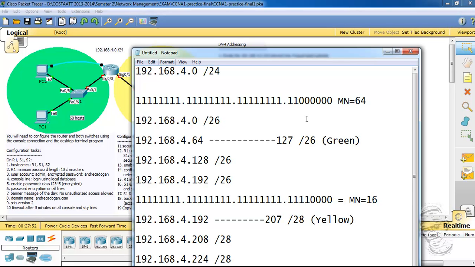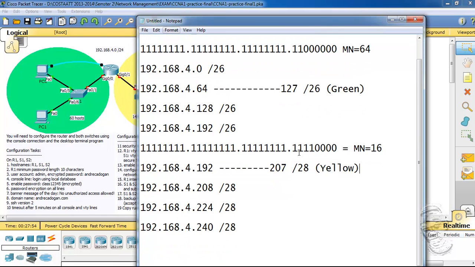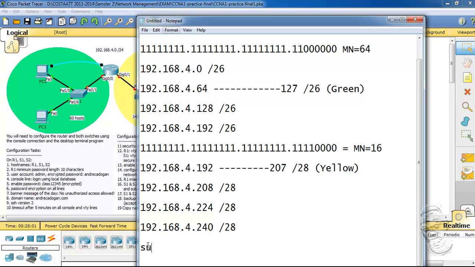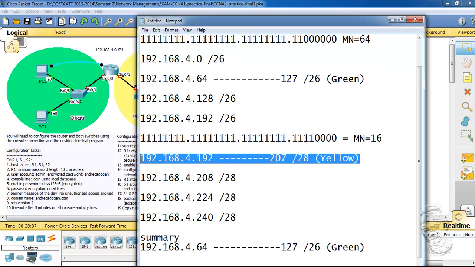So I'm going to write this out a little more. This would be our green network, in summary, and this will be our yellow network.